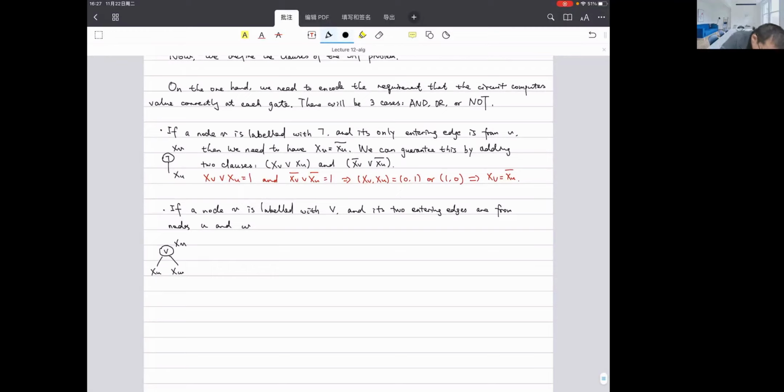Based on the definition of an OR gate, we need to have XV equals XU or XW. I guess this V is not written so well.